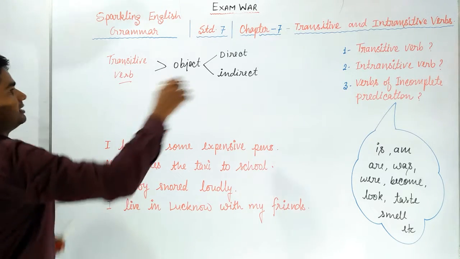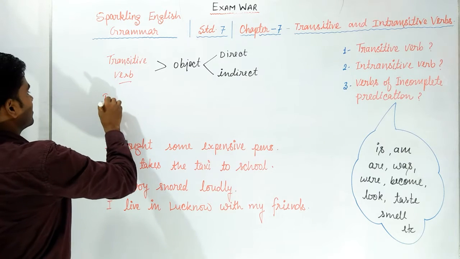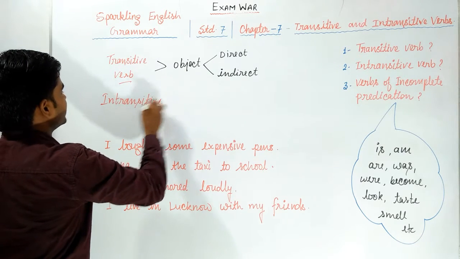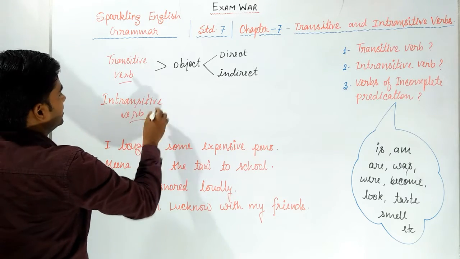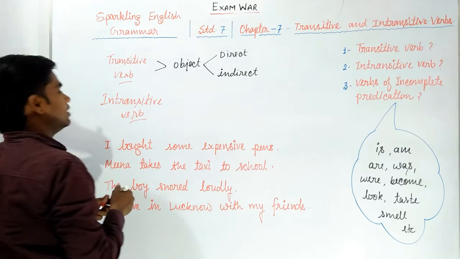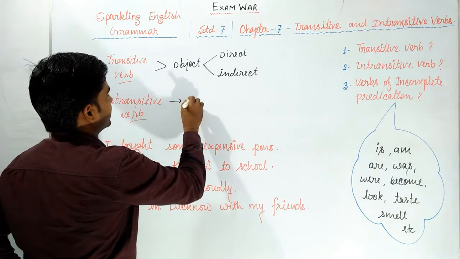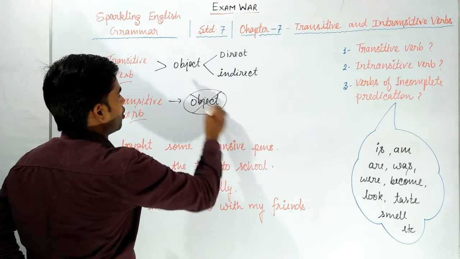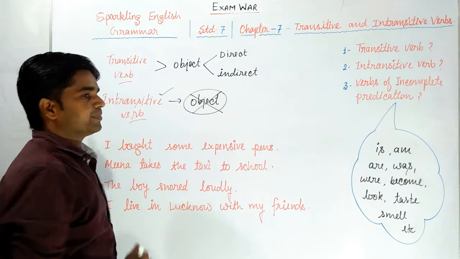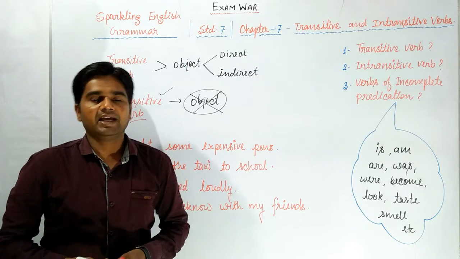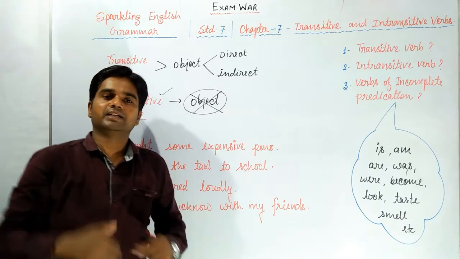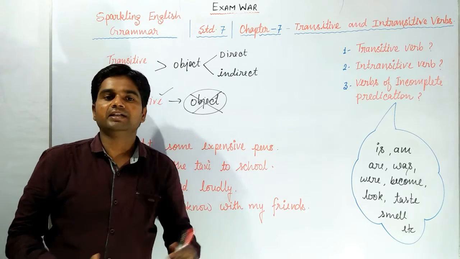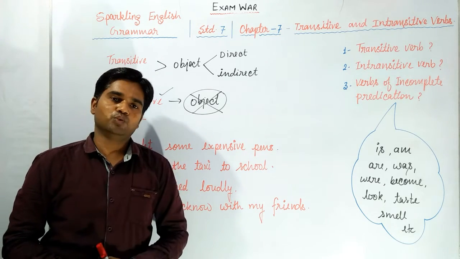On the other hand, what are intransitive verbs? Dear students, any verb which hasn't its object is called an intransitive verb. So now simply we can say any verb that has its object is a transitive verb, and any verb which hasn't its object is an intransitive verb.